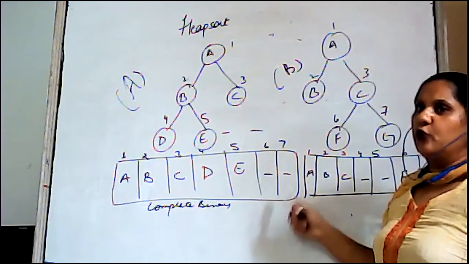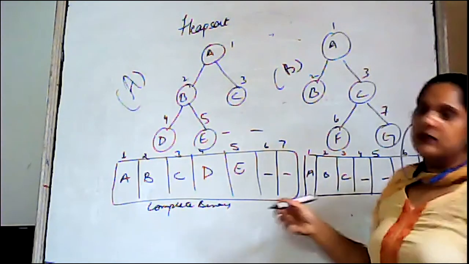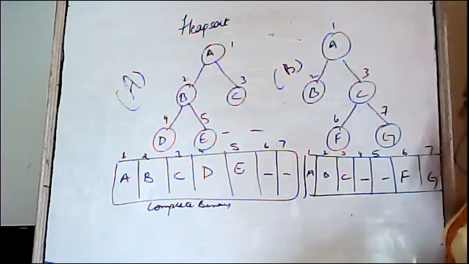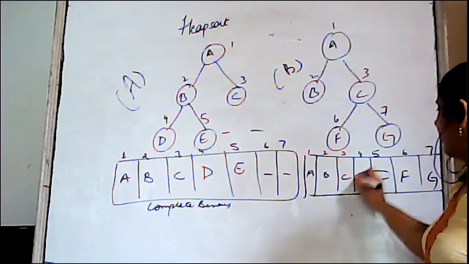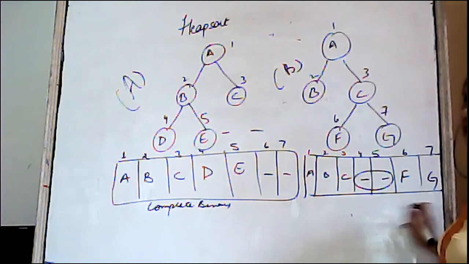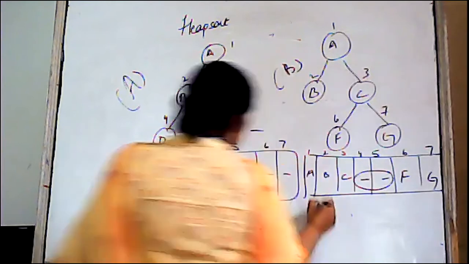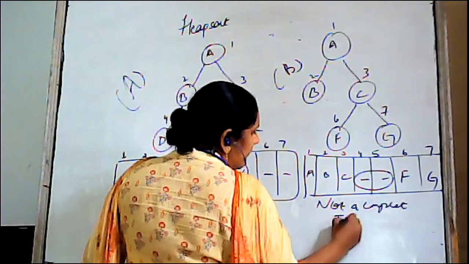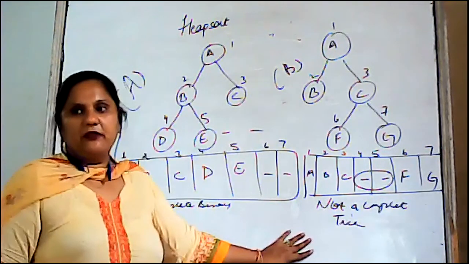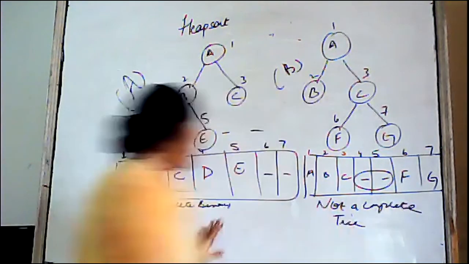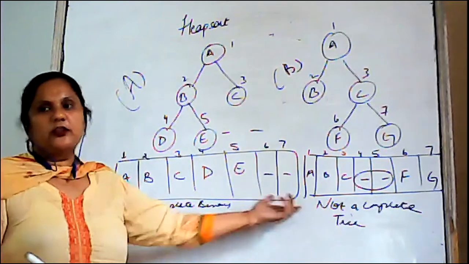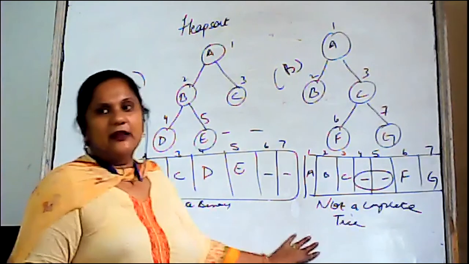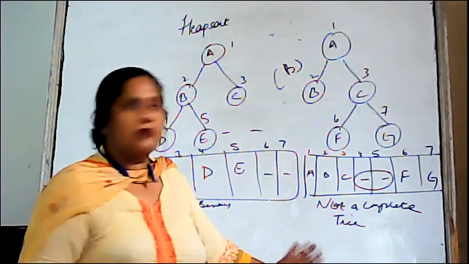That means you have room to insert the alphabets after C. Here, in figure B, the missing values are in between the array. That is, 4 and 5 are missing, 6 and 7 are filled. So this is not a complete binary tree, and the other is the complete binary tree, where either all the levels are filled or the spaces are left at the end. If the spaces are lying in between, then this is not a complete binary tree.